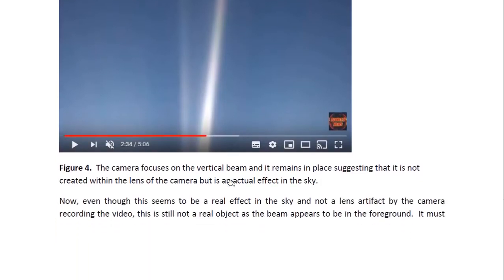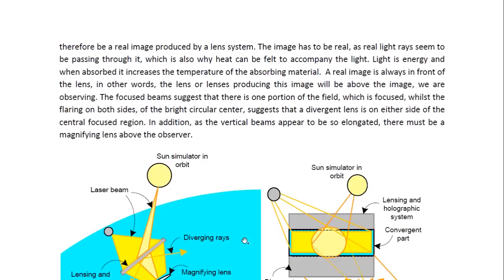and is thus a real effect in the sky. Now, even though this seems to be a real effect in the sky and not a lens artifact by the camera recording the video, this is still not a real object, as the beam appears to be in the foreground. It must therefore be a real image produced by a lens system.